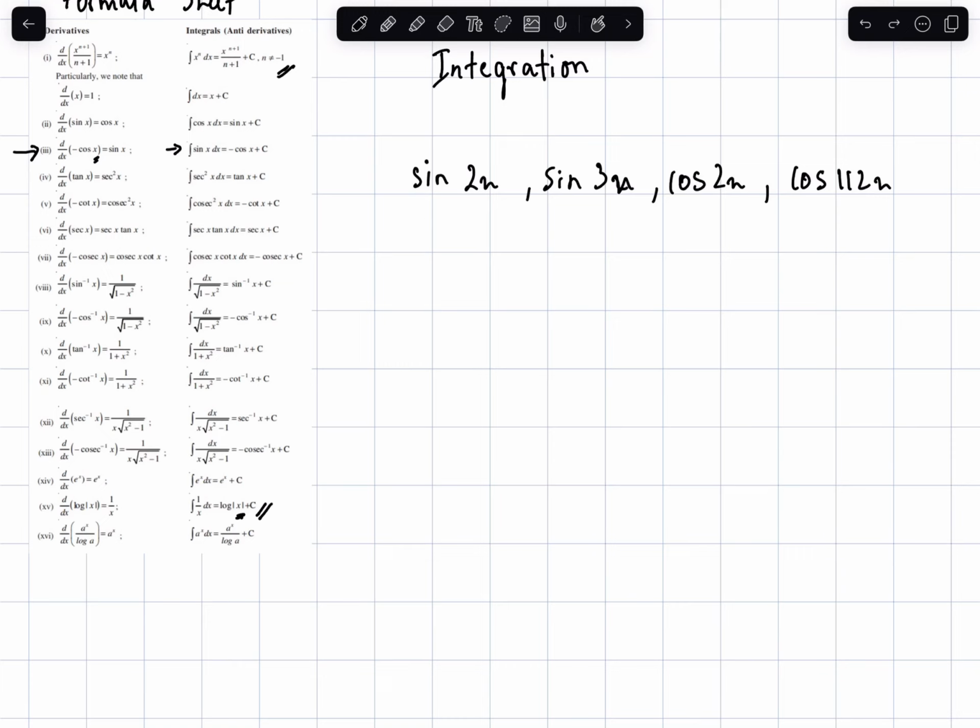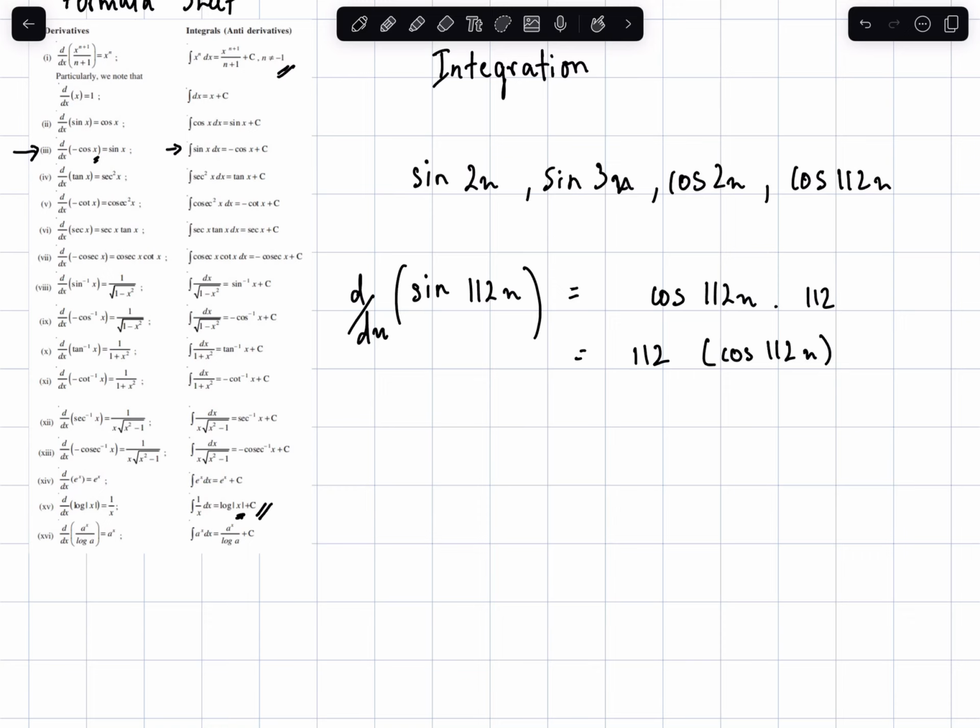Now change to its complement, which is sine, so sine 112x, and find its derivative. What is the derivative of sine? Cosine, cos 112x, and take the differential of the inside of the angle, times 112.